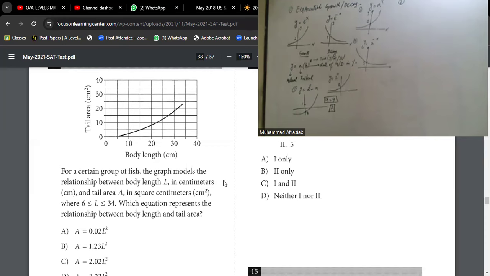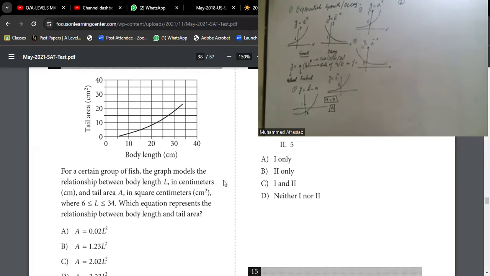Which of the following represents the relationship between the body length and the tail area? So there are 4 choices given, but the graph is showing it like this, so we will first put the values of L, which on this graph is from 6 to 34.